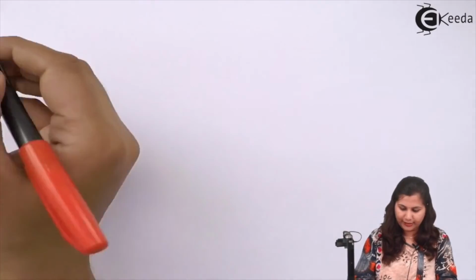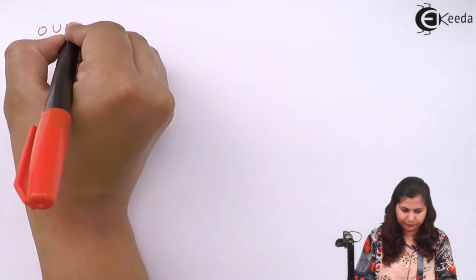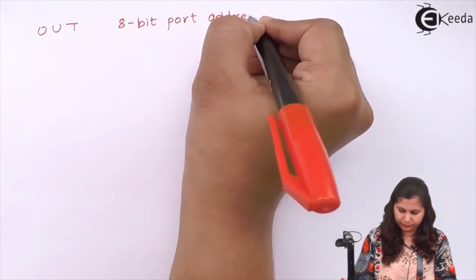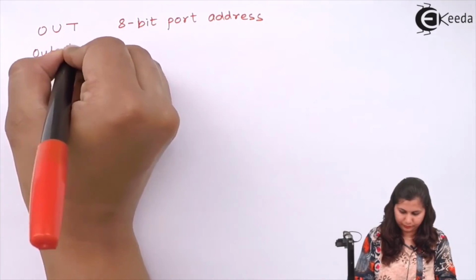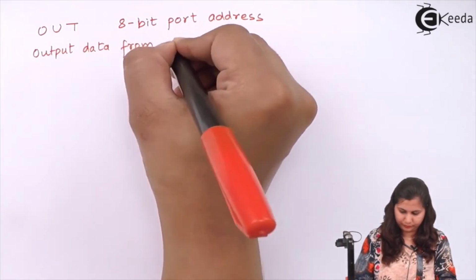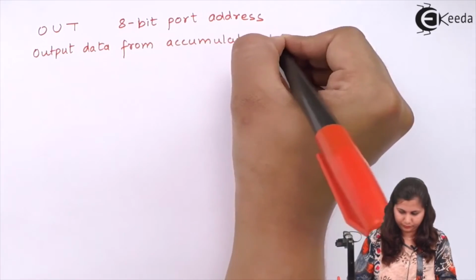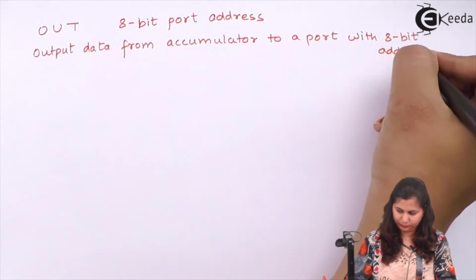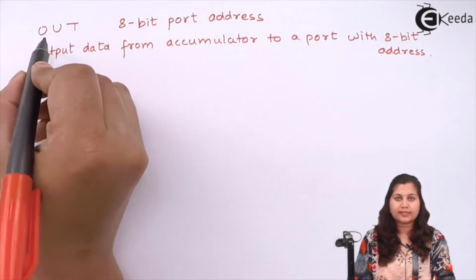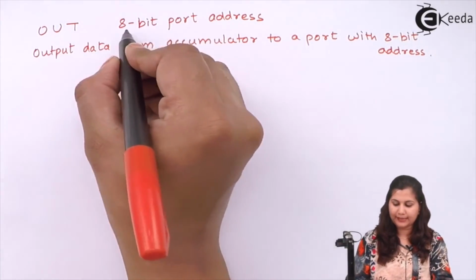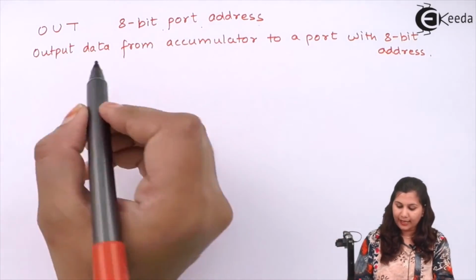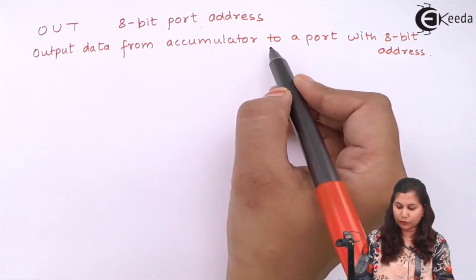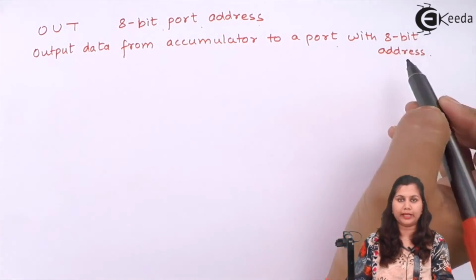Next instruction is OUT. This instruction has an 8-bit port address as the operand, and it outputs the data from the accumulator to a port with that 8-bit address.